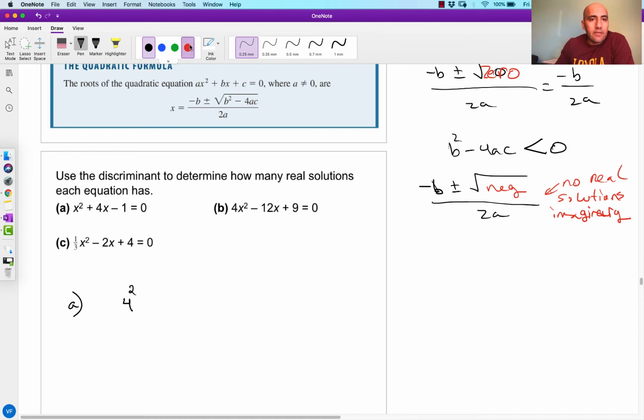That's the B. Here, let me label them. The A is going to be a 1. The B is equal to a 4. And the C equals negative 1.